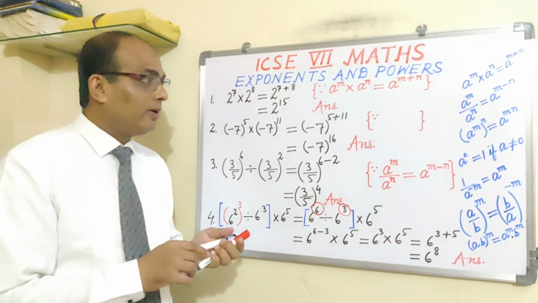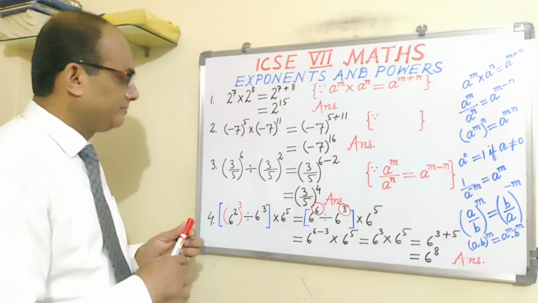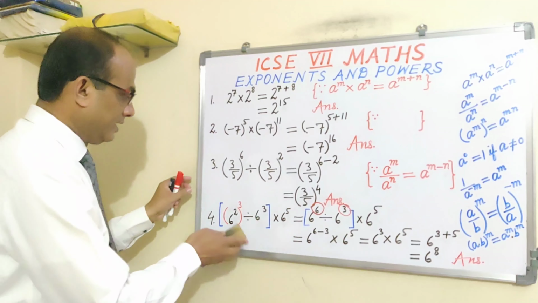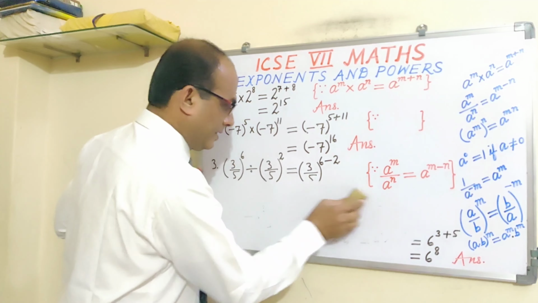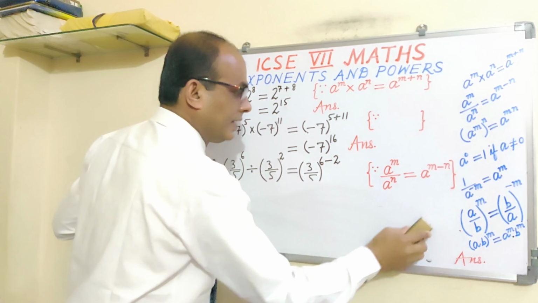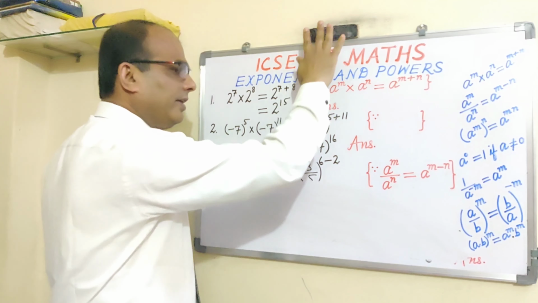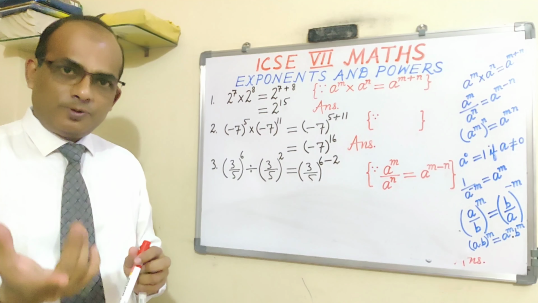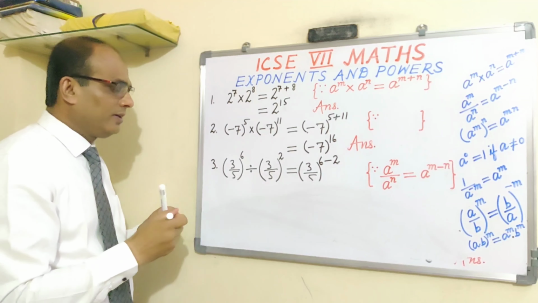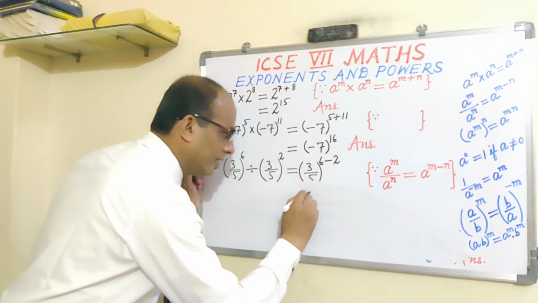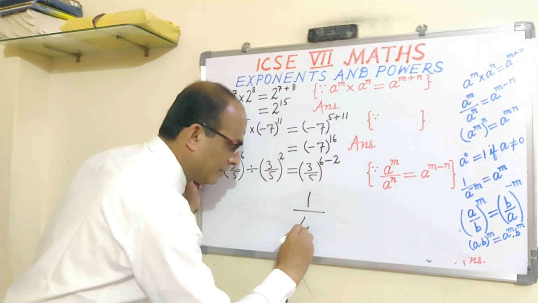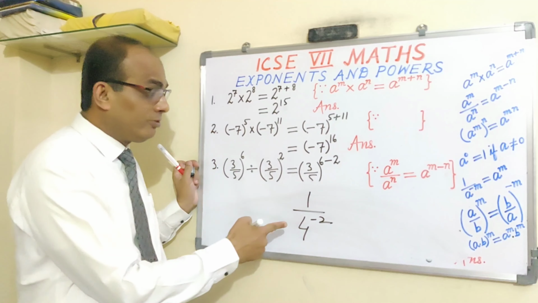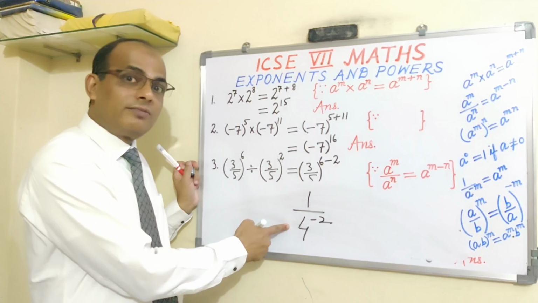Suppose some question is given, you know how to solve it, you solve it, and then the question says to write down the answer with positive index, and you got, suppose, 1 upon 4 raised to the power minus 2. Now you have to make this positive because the question says with positive index.